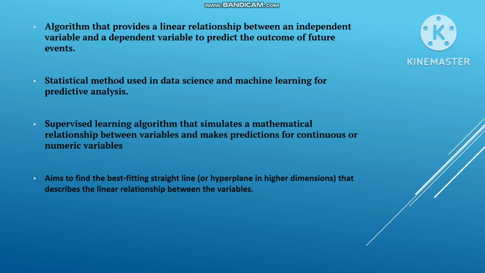So the output is the label, we already have the value. Using this data, if we make the prediction, then this is known as a supervised learning algorithm, that is, we already have the labeled data.